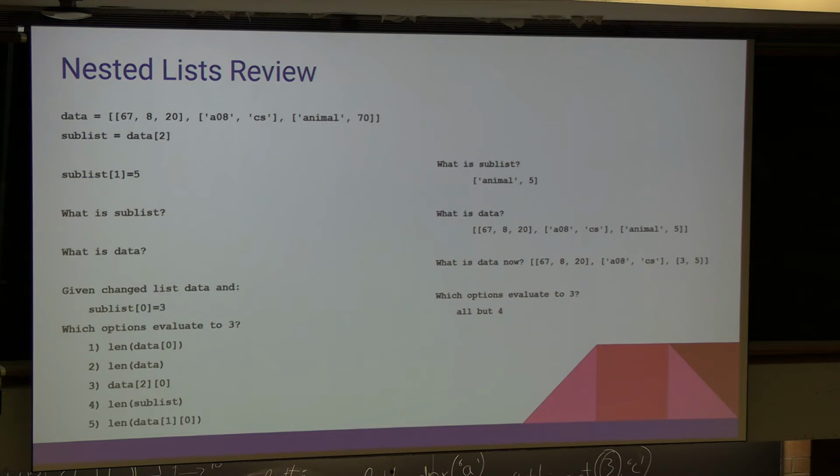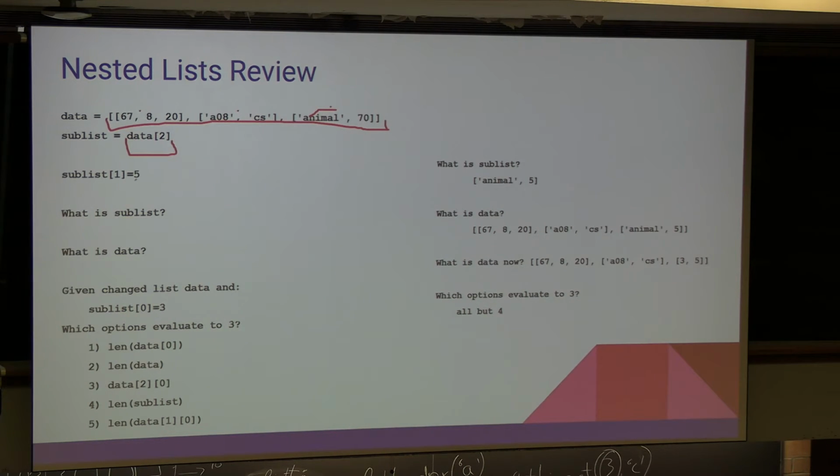Okay, data. Data is this big list of lists. Sublist. Sublist is what? Sublist is data at 2. This is at 0, this is at 1, this is at 2. So what is sublist referring to? This thing, animal 70, whatnot. Sublist at 1, sorry.